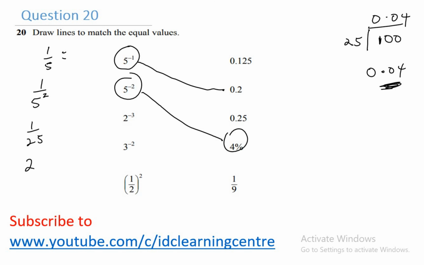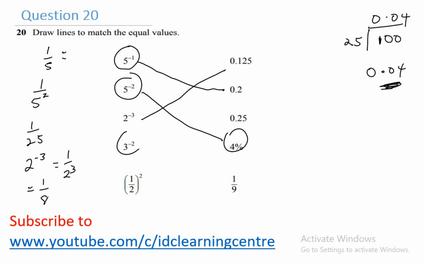The next, 2 raised to the power minus 3 is the same thing as 1 over 2 cubed. 2 times 2 times 2 in 3 places will give me 1 over 8. So 1 divided by 8 will give me 0.125.